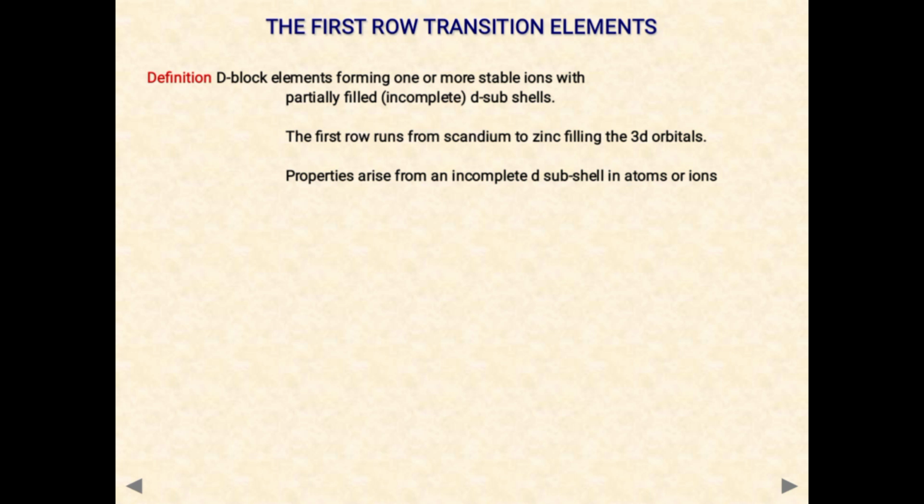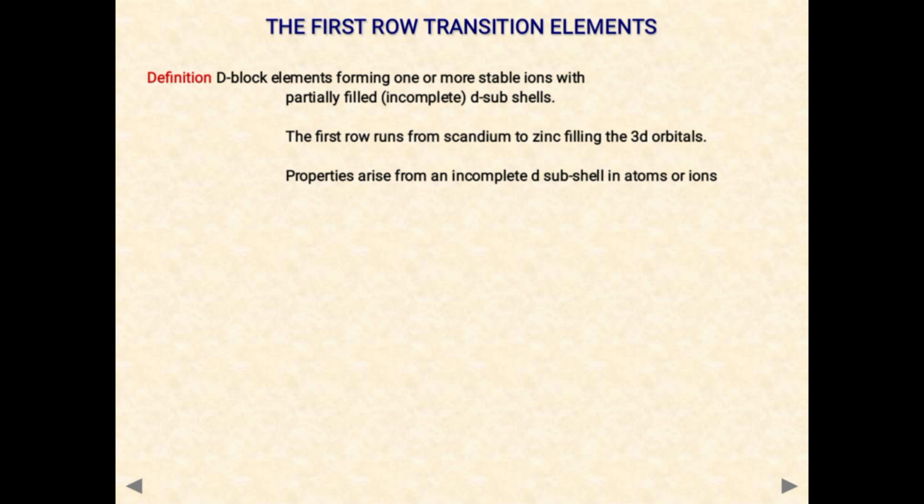So what are transition elements? Transition elements are those elements that are found in the D block with partially filled d orbitals. When we say partially filled d orbitals, remember that these orbitals have a maximum number of electrons they accommodate. S orbital accommodates a maximum of 2 electrons.